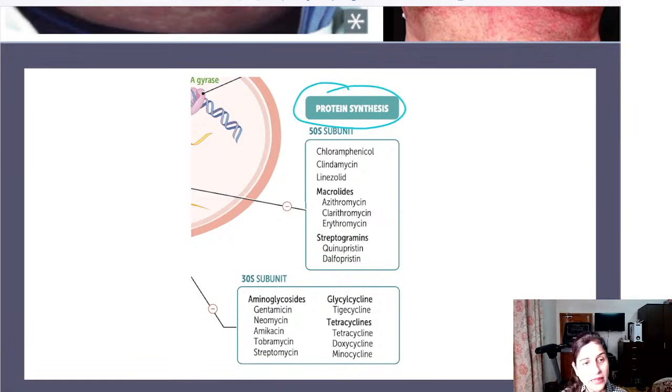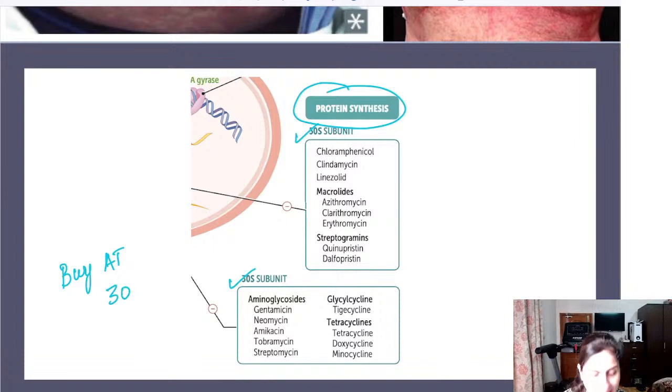ठीक है, the protein synthesis inhibitors, the ones which act at 50s and the ones which act at the 30s ribosomes. ठीक है, so I think everybody knows there's a mnemonic which we know that by at 30. ठीक है, by at 30, cell at 40, या इसकी spelling of cells is, if you remember, CELS, cells at 50.